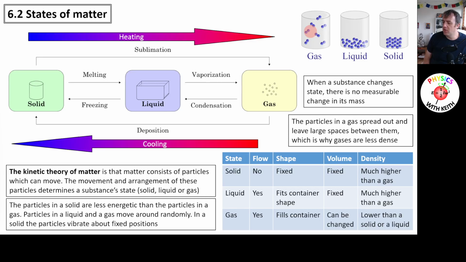Let's clear up this particles versus molecules versus atoms thing then, because a lot of textbooks talk about molecules all the way through this topic. I've got a bit of a problem with that, because you could have something like neon gas, where neon gas consists of atoms that are moving around and bouncing around.